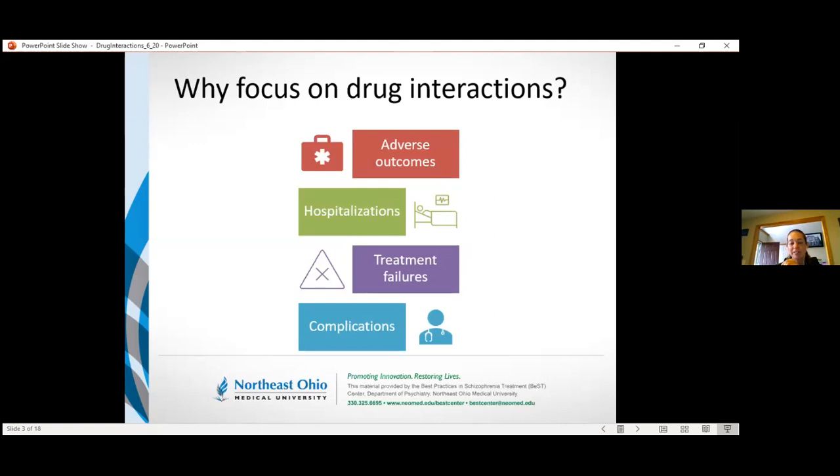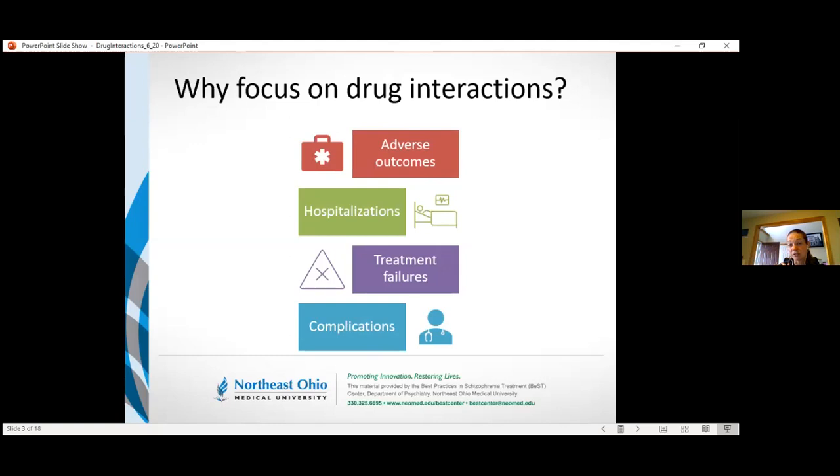There are a couple population trials that were done that identify a quarter to a third of patients who are admitted to the hospital, their admission is related to a potential adverse drug interaction. And about 50% of the one cohort, their emergency department visits were somehow related to the drug interaction, whether a direct result or sequelae as a result of that drug interaction.